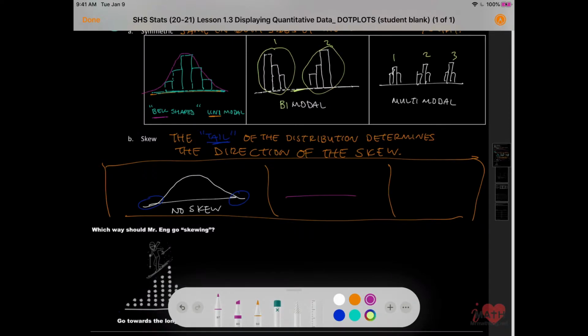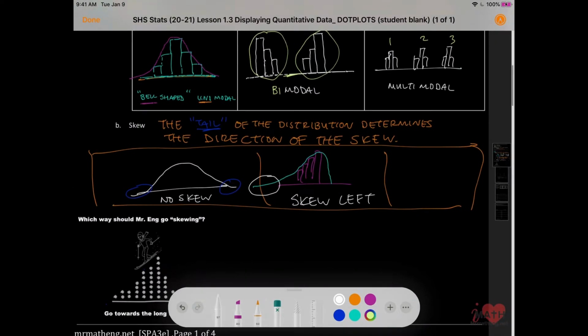This is my graph, and the tail is going over here to this side. What side is that? That is the left side. So we would call this one skew left. The tail is going towards the left.